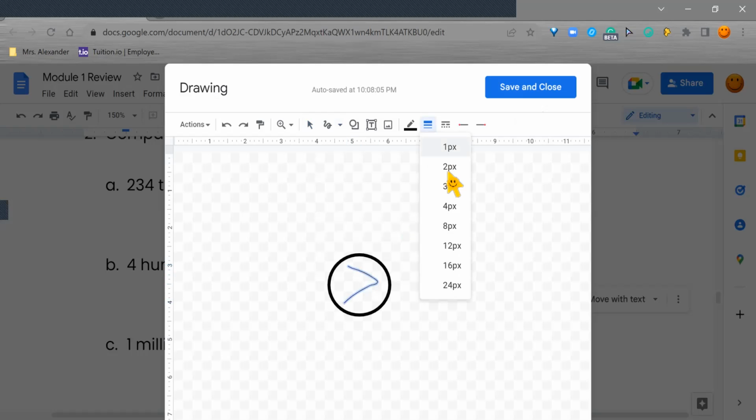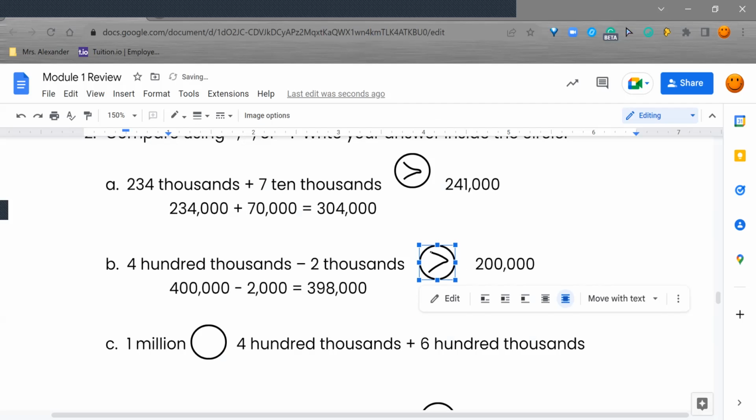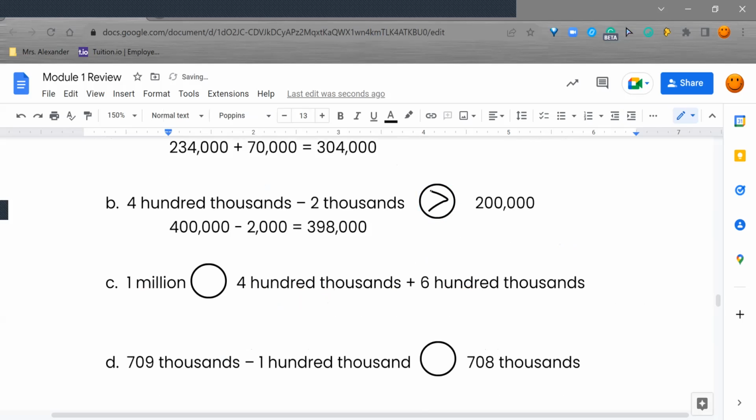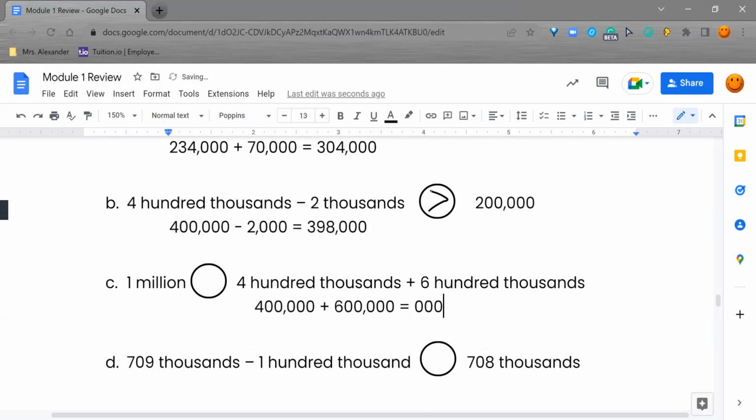And then, just so that it's big, okay, we have 1 million, and then this side. So I'm going to come down here. I'm going to do 400,000, and I'm going to add 600,000. Okay, I know I have 3 zeros at the end, and it looks like I have 2 zeros before my comma, 3 zeros after my comma, so I've got to add 6 and 4.